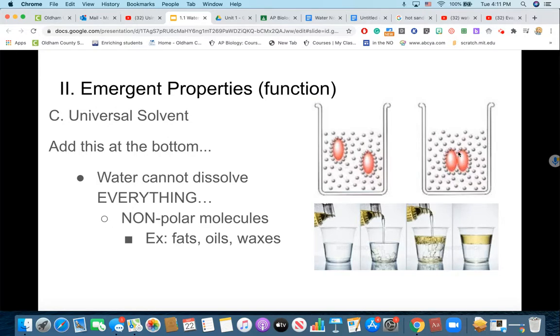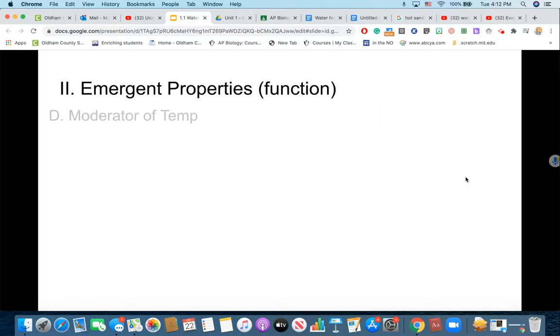And once they are together, the water cannot fully surround them. And so the water cannot dissolve them. So water is a universal solvent, except for substances that are hydrophobic or non-polar. Great examples: oils, waxes, fats, things that are called lipids, if you've heard of lipids before.